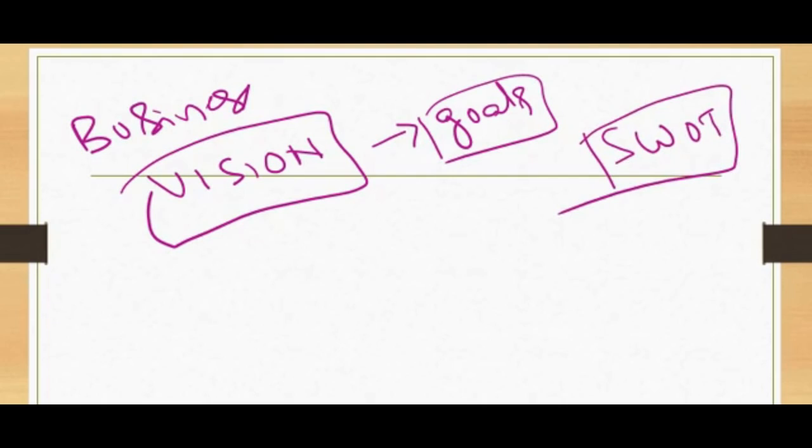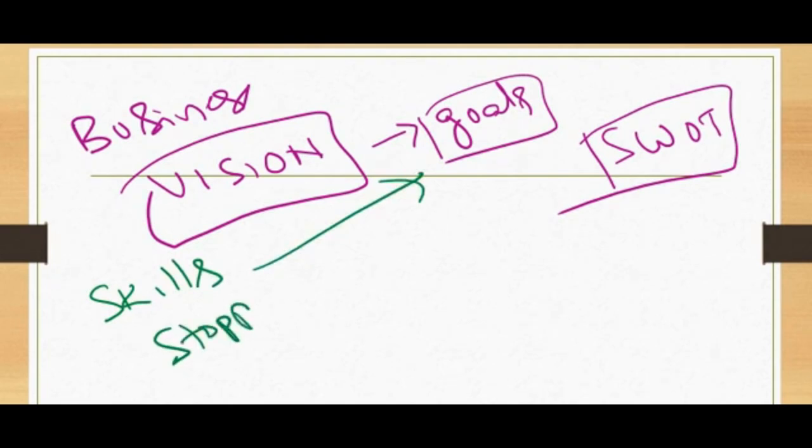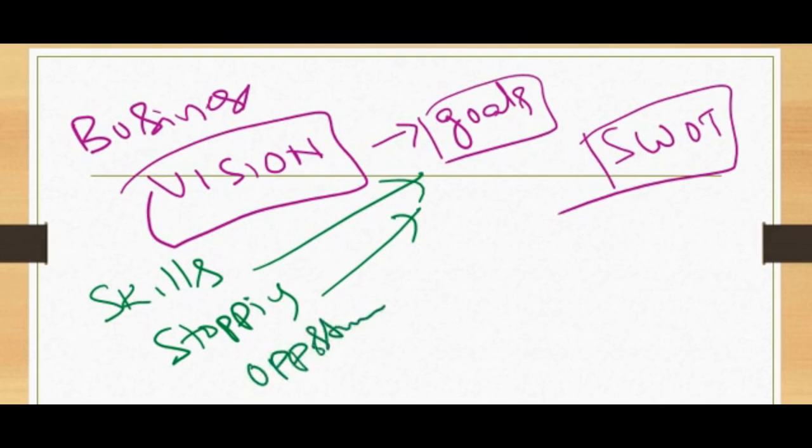What skills do you have to reach this goal? Or what is stopping you from reaching these goals? Why are you not able to reach these goals? Or what kind of opportunities do you have to strengthen your weaknesses?